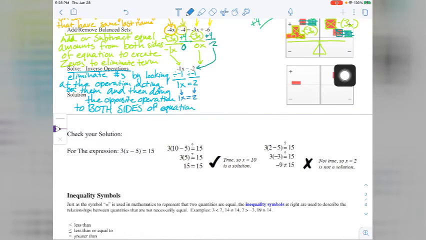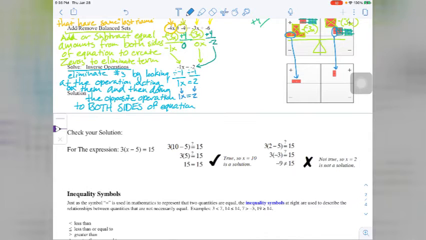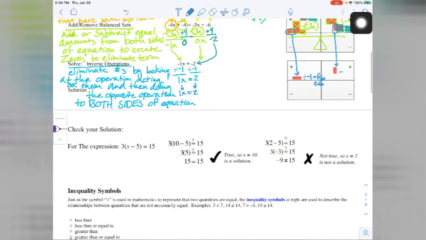By the way, I don't know if you guys noticed that, but those are the only tiles that are left. -2 was the only one left, and then -x was the only one left. If I divide by -1, that means I flip the tile.